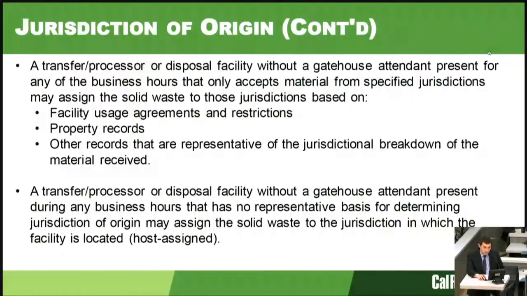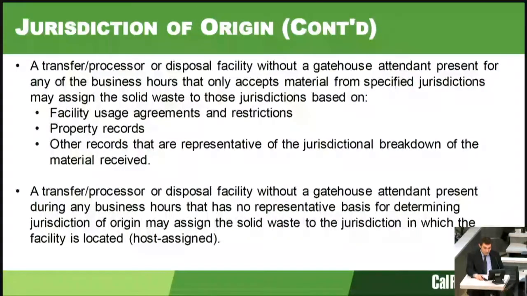We also continue on here, and if they don't have a gatehouse attendant for any of the business hours, but you only accept material from specified jurisdictions, you can use some other methods to obtain the jurisdiction of origin for that waste that's received when the gatehouse attendant isn't present.